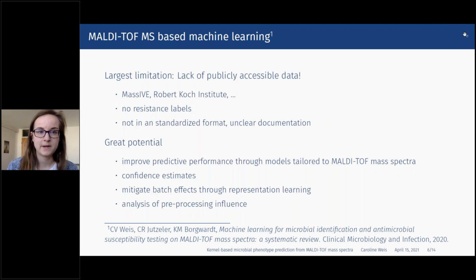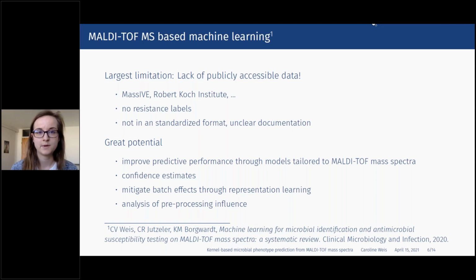So where does this disparity come from? The largest limitation is actually quite easy to identify, and it's the lack of publicly available data sets. So I'm aware of the massive repository and the data sets by Robert Koch Institute. But as far as we could find, often there are no resistance labels.